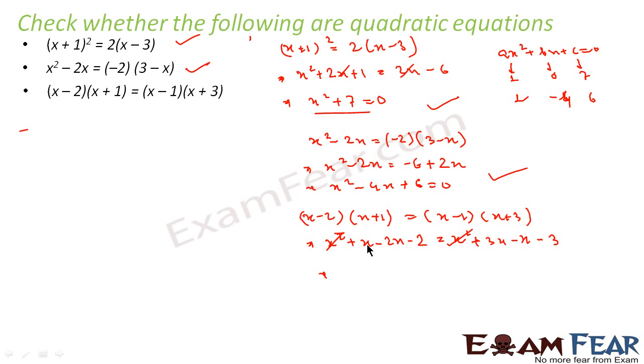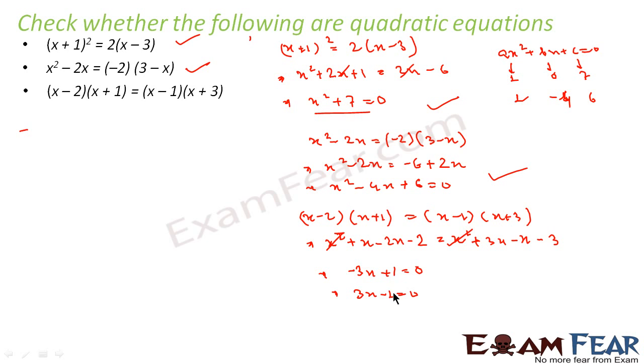Let's solve it. x minus 2x is minus x, and 3x minus x is 2x, so I get minus 3x minus 2 plus 3 is equal to plus 1 is equal to 0. Or I can write this as nothing but 3x minus 1 is equal to 0, because I wanted to take this positive. It looks better.